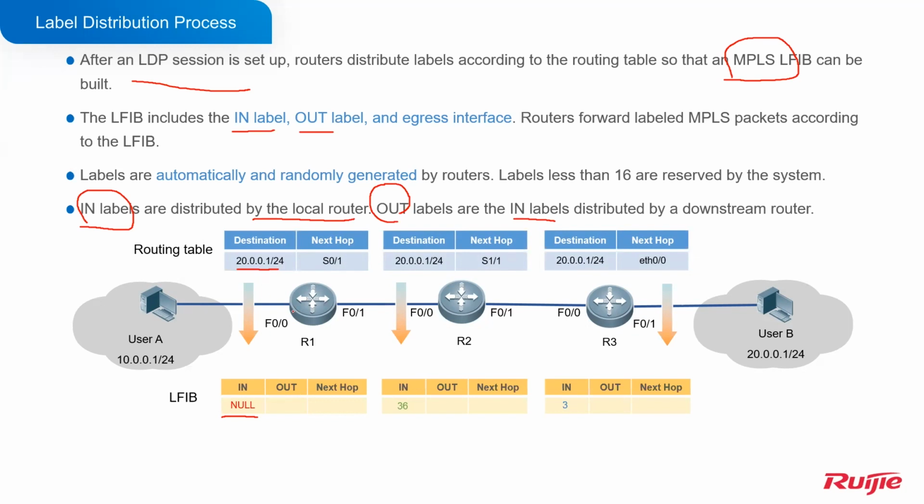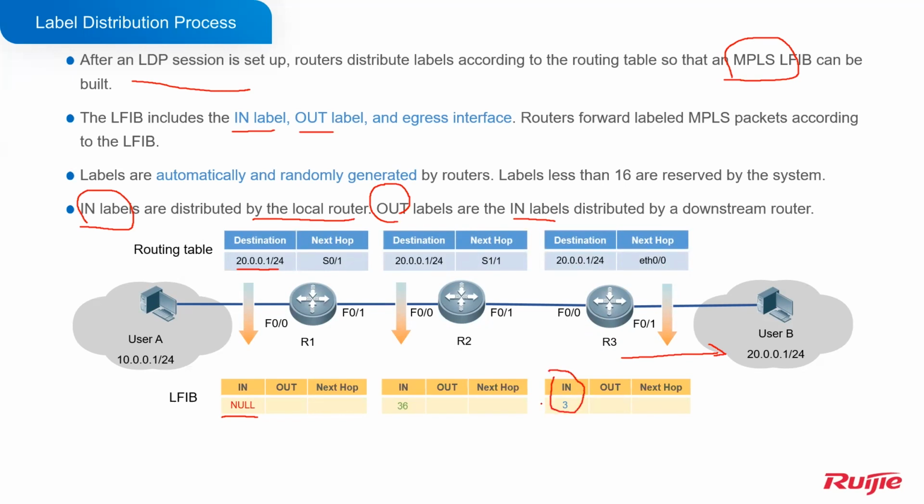So this one, which we call the most upstream router, has an in label of none. And the most downstream router is the egress LSR for the segment 20.0.0.1. If we send the message out to user B, I must delete the label. So I assign the label 3.